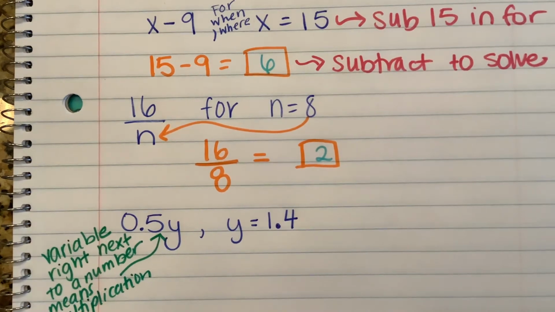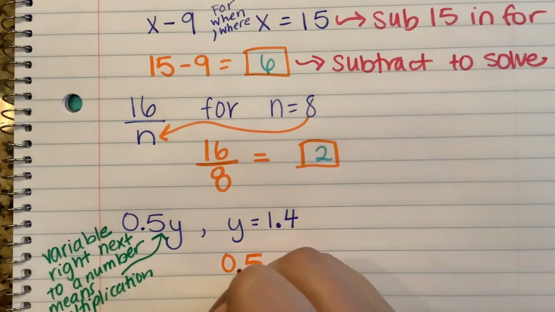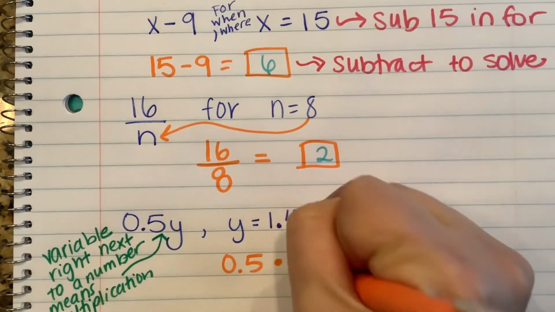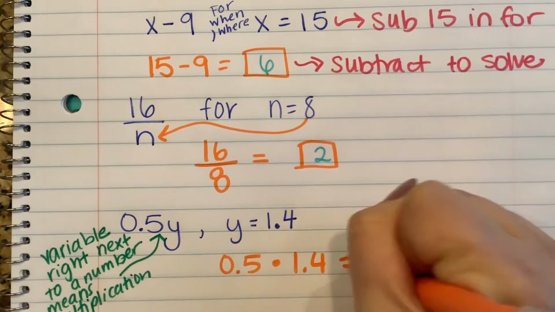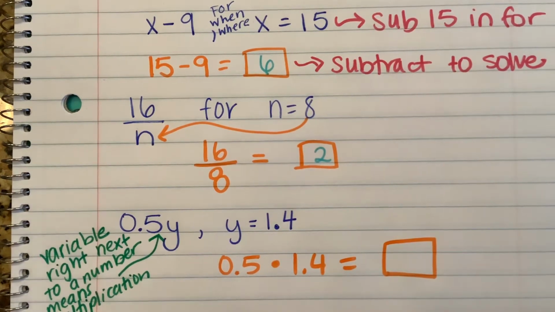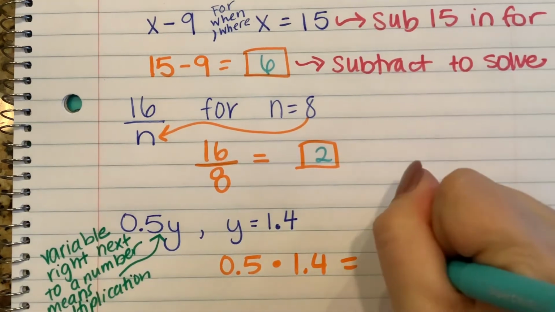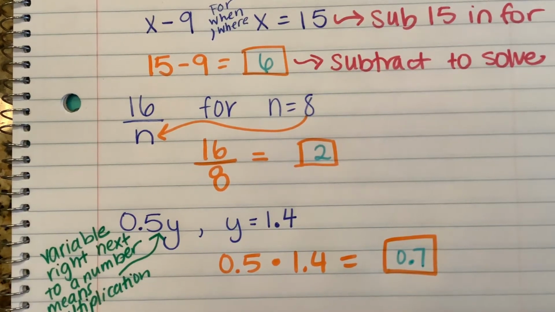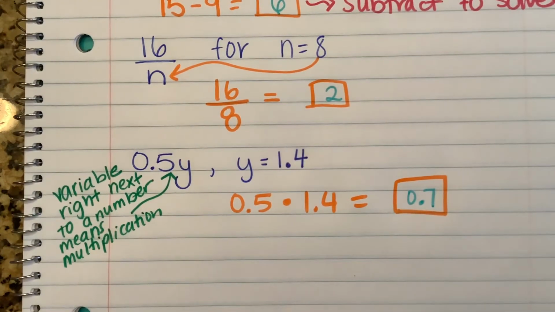So we could read this as 0.5 times y if we wanted to. We're going to plug in. So let's take our 0.5, and I'm going to use my big dot for the multiplication symbol, times 1.4. When I calculate that out, I get my answer of 0.7. So again, we're just following that method of substituting in what we are given for our variable.